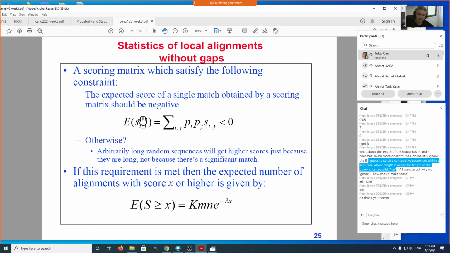By the way, if you look at how the expected value is computed, this is actually a discrete random variable. What is the score of aligning i and j? It's our scoring matrix, which can take 20 by 20 different values. Since it's symmetric, actually 20 by 20 divided by 2.